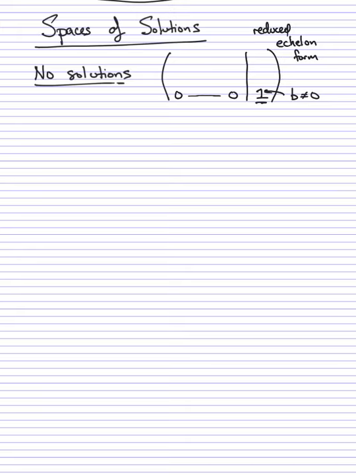If it is, we're happy. If not, so if there exists a row that looks like this and b is not equal to 0, then there's no solution. I mean, this is clear, okay? And this is actually if and only if.